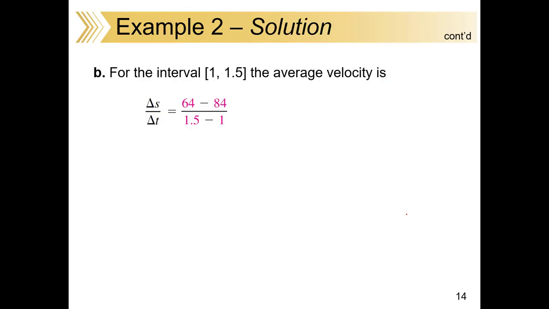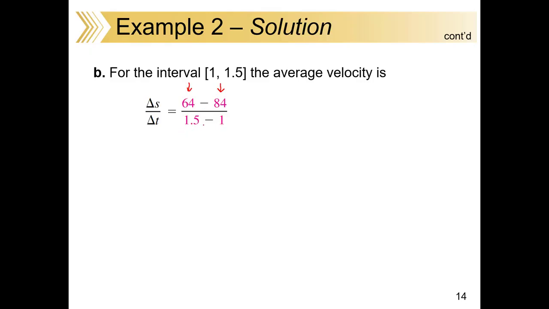Second, we've got a different interval, a little bit closer, from 1 second to 1.5. If you look over here, the 64 represents 64 feet in the air at the 1.5 second checkpoint. The 84 represents the height of that object at the 1 second point.